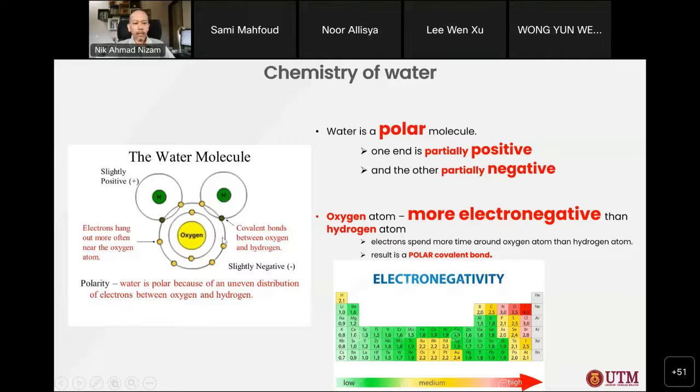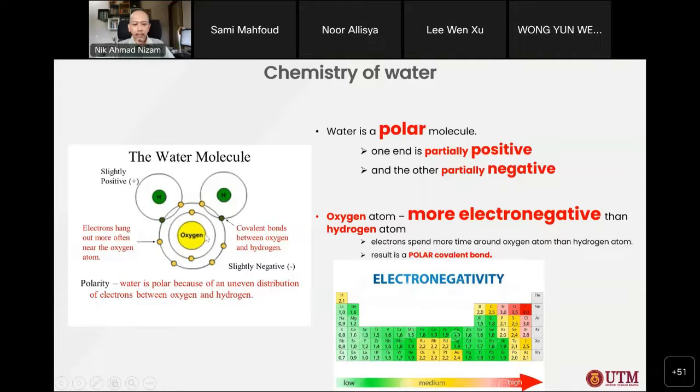So why does this happen? Because the oxygen atom is more electronegative than the hydrogen atom. So electrons spend more time around oxygen than at the hydrogen. You can see here there are electrons. How many electrons does the oxygen have? 1, 2, 3, 4, 5, 6, 7, 8. Oxygen is 8.